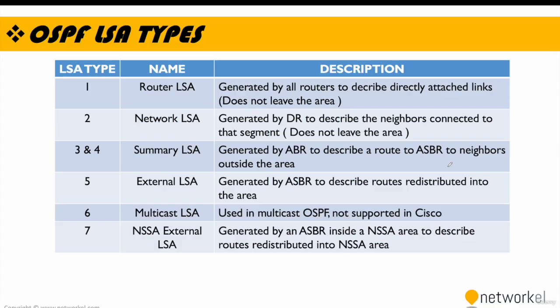We have LSA type 5, that is the external LSA, that is generated by the ASBR to describe routes redistributed into the area.